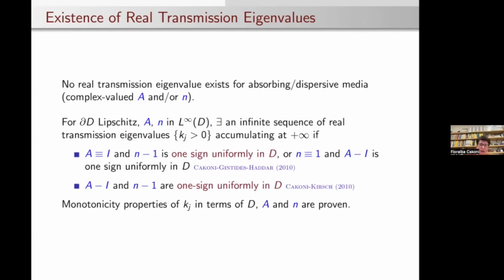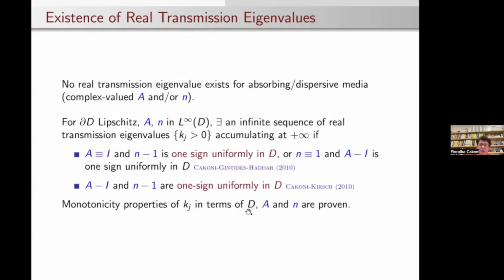Okay. And one can also prove monotonicity results in terms of D, A, and N, which is interesting because this is a non-self-adjoint eigenvalue problem. So somehow you don't have the Rayleigh quotient to get the monotonicity. Nevertheless, we use it as an auxiliary tool to prove some monotonicity.